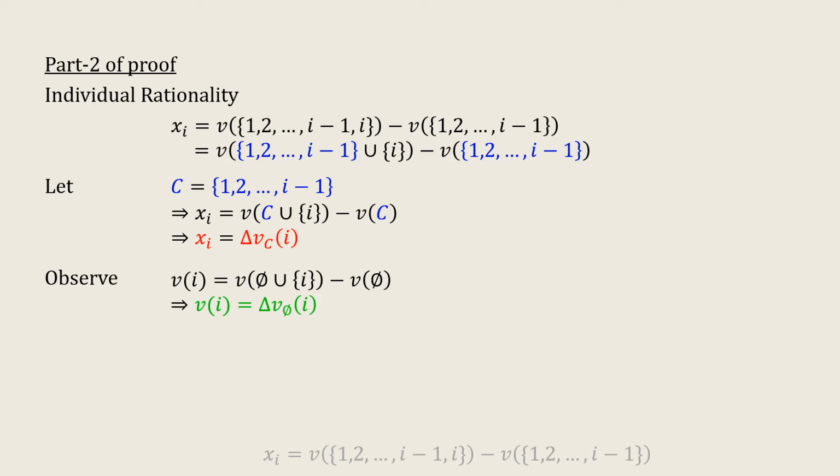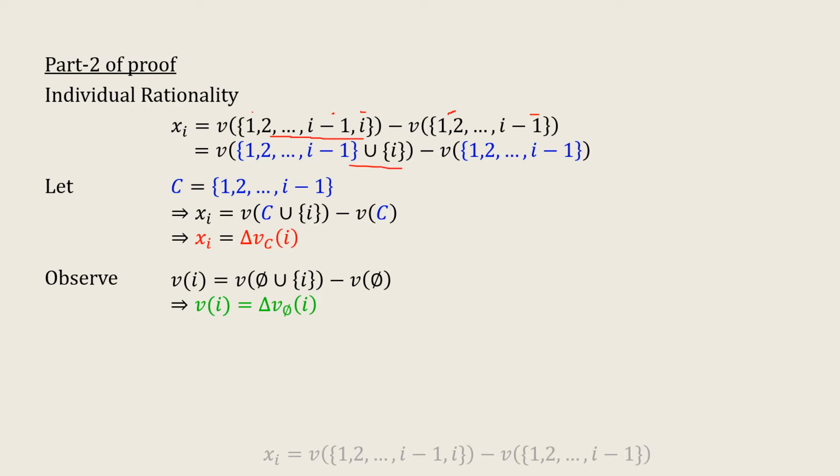Next, we have to show that x is individually rational. Using the expression for xi, we have xi equals v(1 to i-1, i) minus v(1 to i-1).